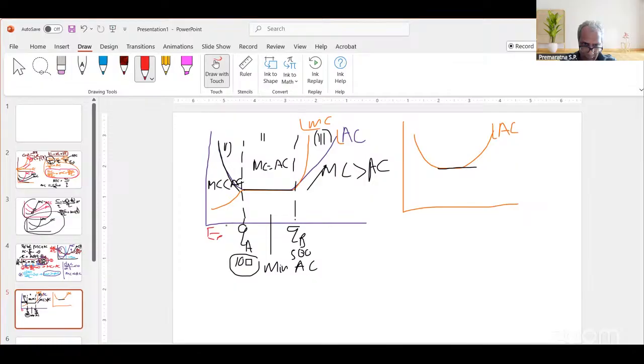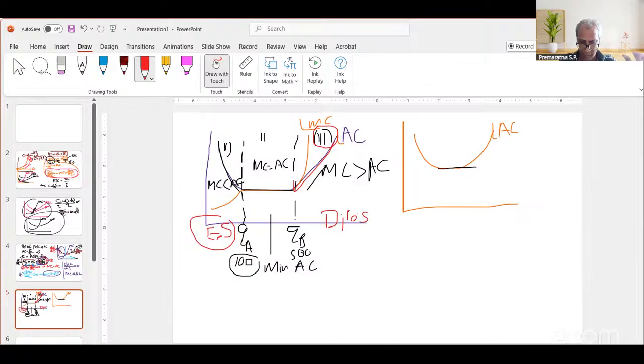Economies of scale, where the unit cost continuously goes down, we say that the firm experiences economies of scale. When unit cost starts to increase, that is the third stage of production or expansion, which we call diseconomies of scale. This happens due to diseconomies of scale.